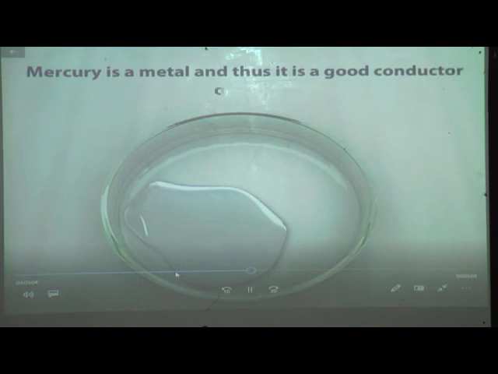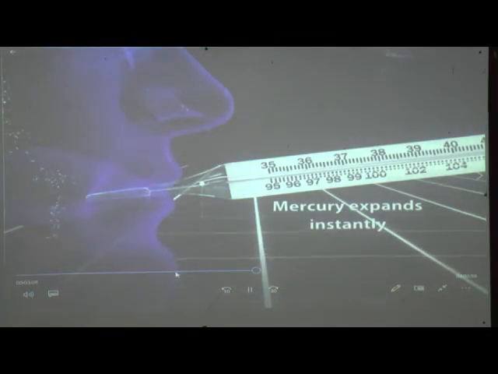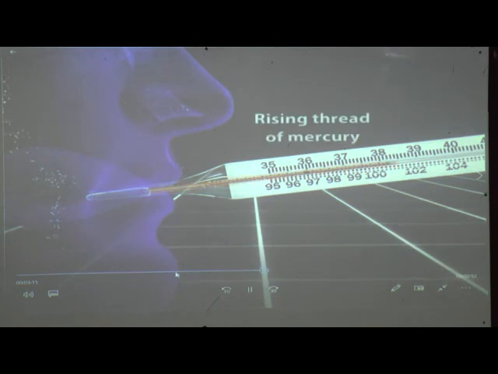Mercury is used in a clinical thermometer as well as other thermometers for a number of reasons. First, mercury is a metal and thus it is a good conductor of heat. It starts to expand instantly on placing the thermometer inside the lamp. The expansion can be seen as a rising thread of mercury.